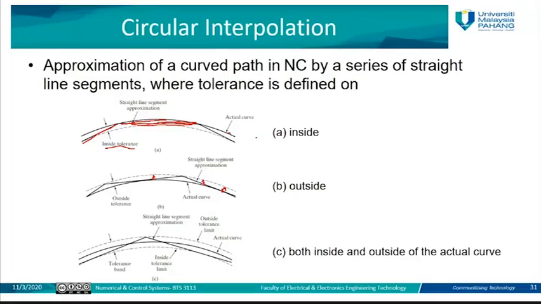It can be from inside, from outside, or from inside and outside when we try to approximate the real path by using lines, because our machine will not go this way. Our machine will move left, right, front, back, up, down. So in order to move from one point to another point, we need to draw a straight line approximation.